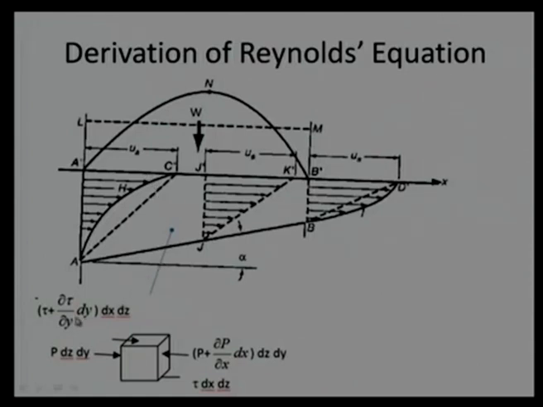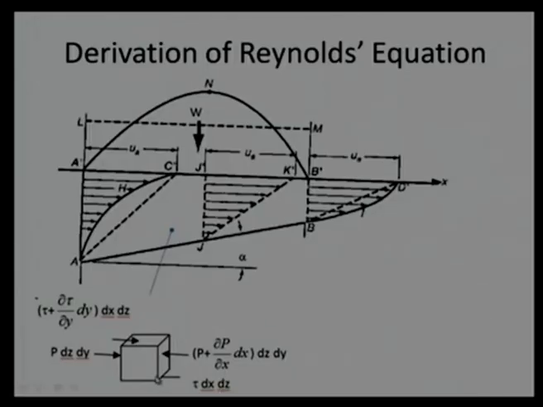So, we are assuming the shear stress on the top surface of the element will be more compared to the shear stress at the lower surface. That is why at this surface it is given as tau plus some gradient of tau, while at this surface there is no gradient, it is only tau. For the force we have to multiply with the area.